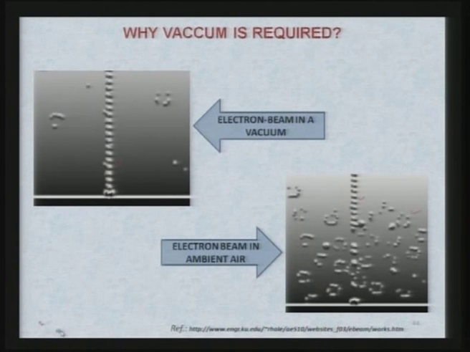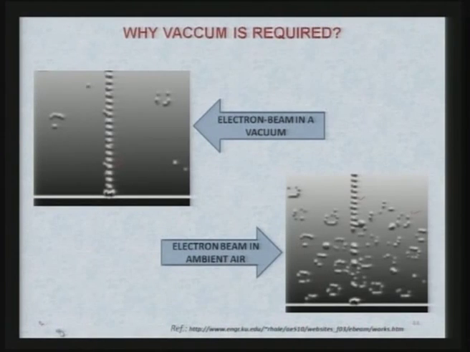Although there are some configurations of electron beam machining systems where high vacuum is not created and they are able to machine, at that time they need very high energy for the electron beam to overcome, to some extent, the scattering due to collision with the molecules of the air.